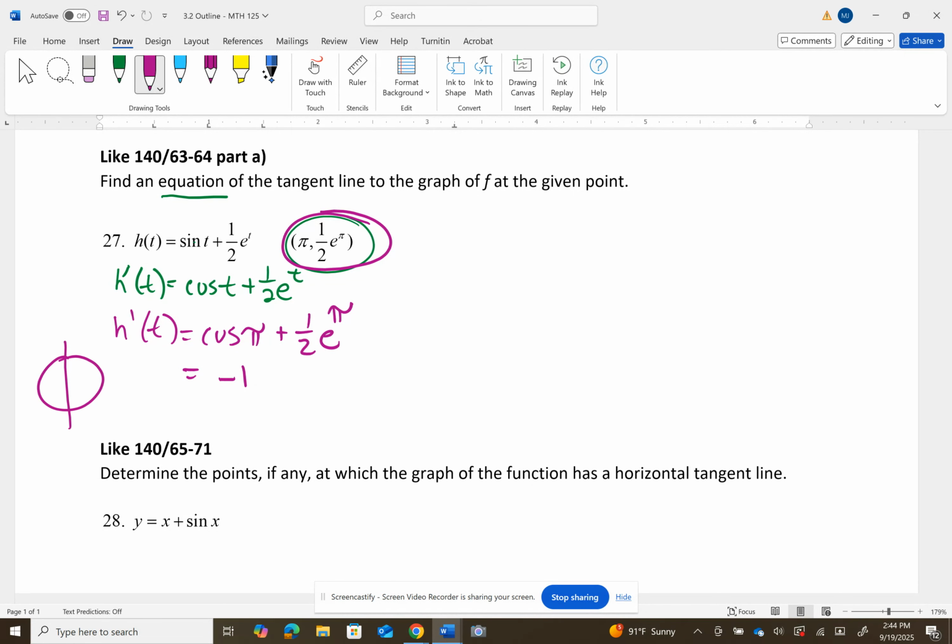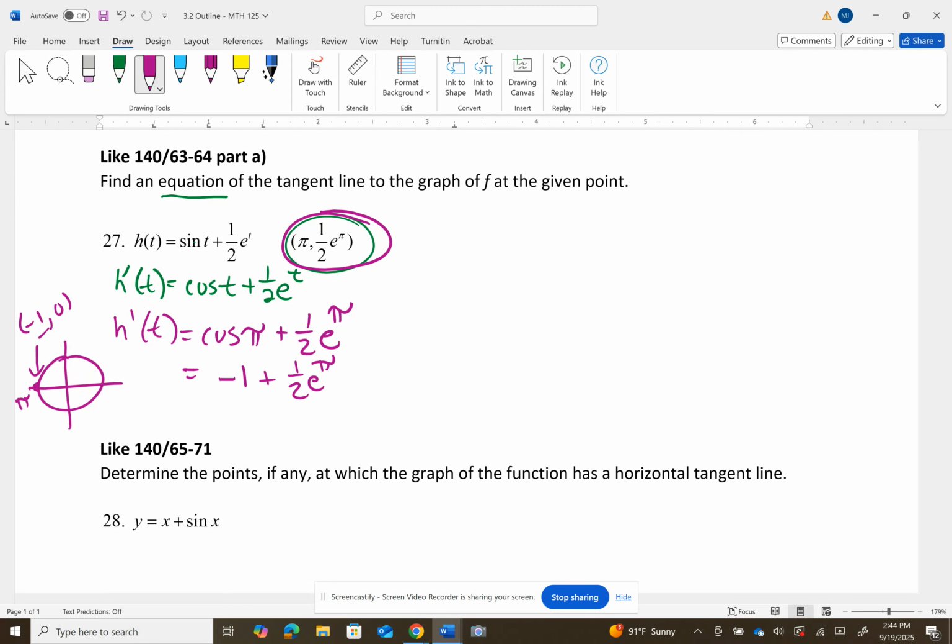Because pi is over here, and the coordinates of the point when you're over there are negative 1, 0, and the first one is your cosine. And then there's not a whole lot you can do to that. You just get that 1/2 e to the pi. E to the pi over 2 is also okay to write for that part.